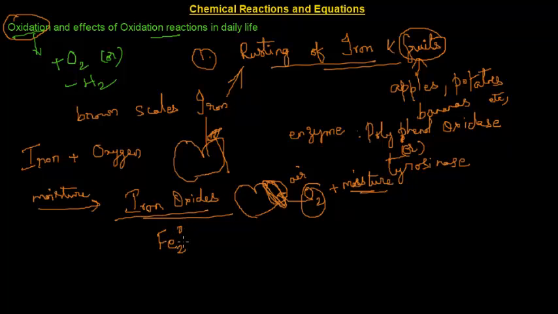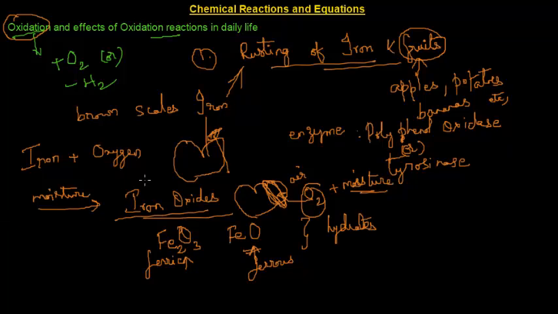If you take Fe2O3, it is ferric oxide, and if you take FeO, it is ferrous oxide. Ferrous, ferric and hydrates of these. So these are all mixed to form iron oxides which form rust.